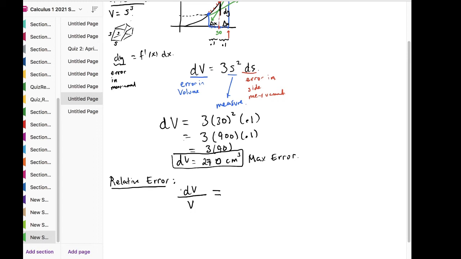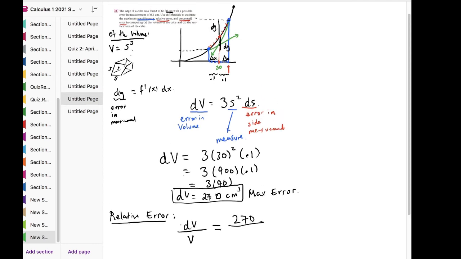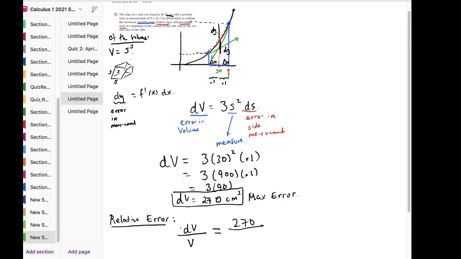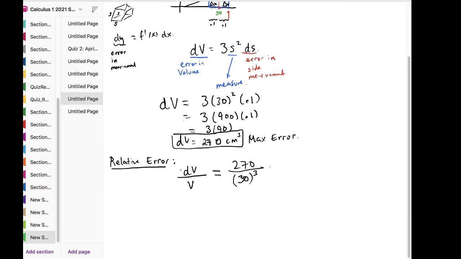Our max error was 270, and the measure that we had of the volume was 30 cubed, since 30 was the side measure. So it's error divided by value.